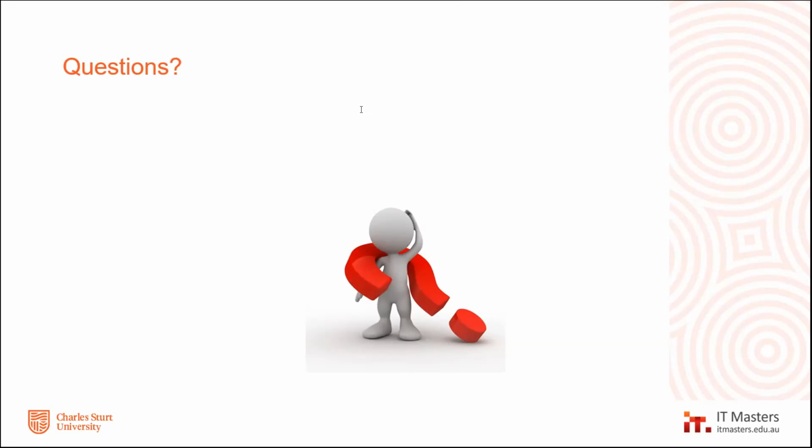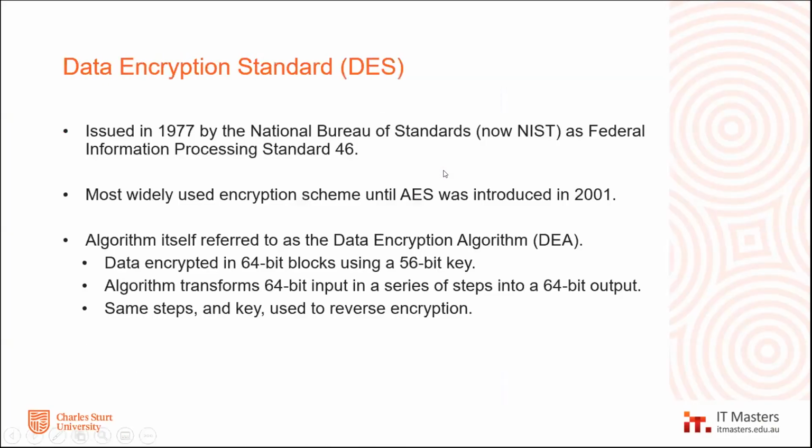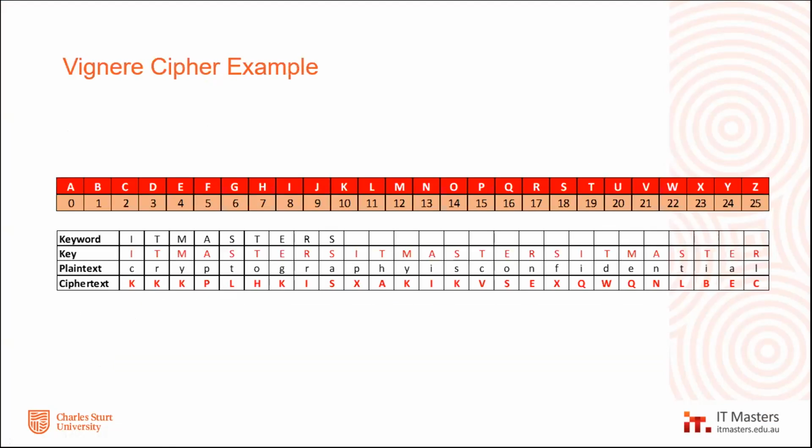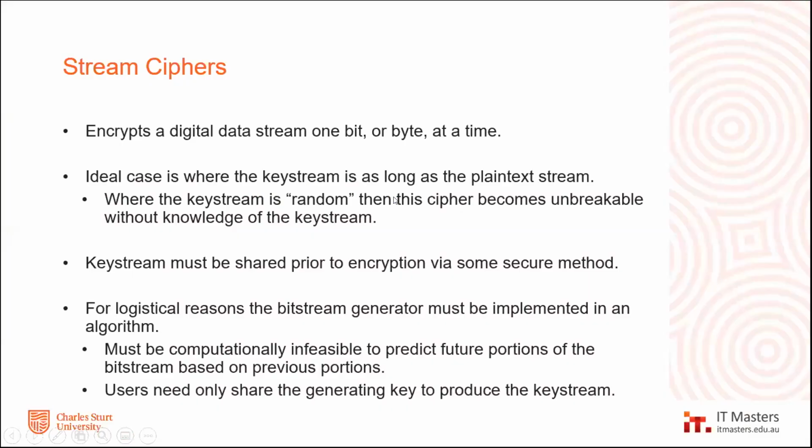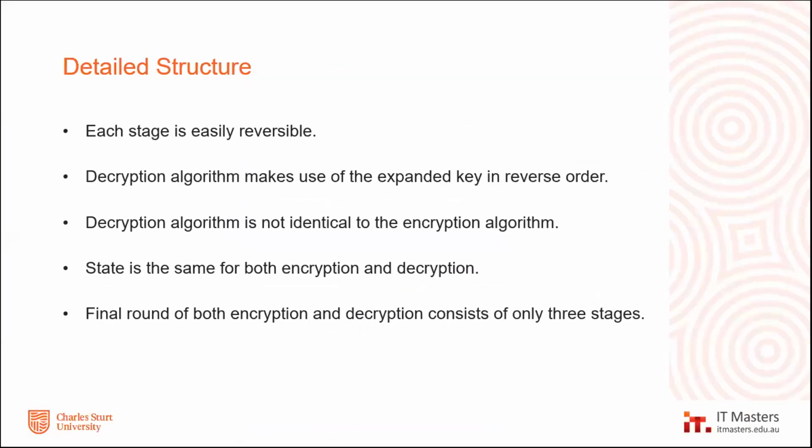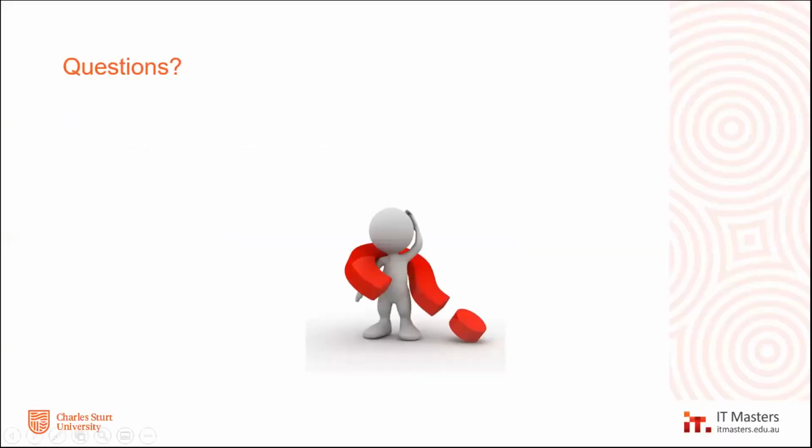If we just go back for a second, because I think that's a really good question, if we look at this key here, that's called the key, but really it's individual keys as we go along, because this one involves a shift of 8 characters, this one involves a shift of 19, this one involves a shift of 12. So really these are multiple micro keys, if you like. So the Vigenere cipher does exactly what you're suggesting, but yes, it is possible to do that on a larger scale.